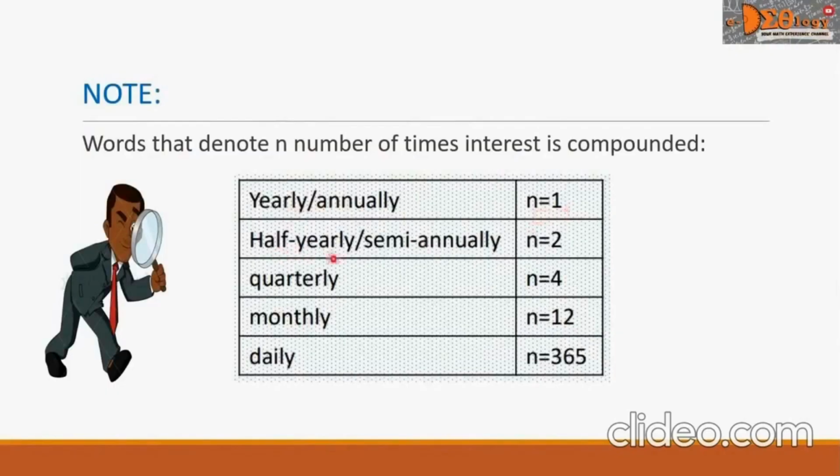For half yearly or semi-annually, n equals 2. Quarterly means n equals 4. Monthly means n equals 12. And the last is daily, where n equals 365.